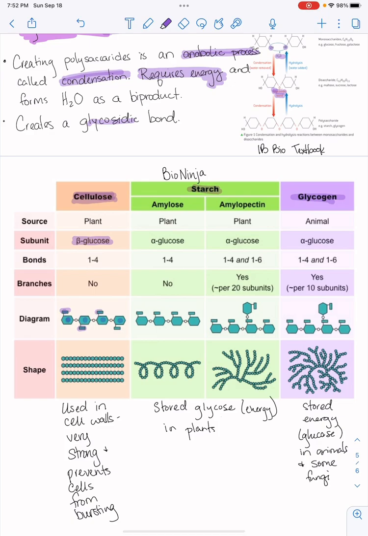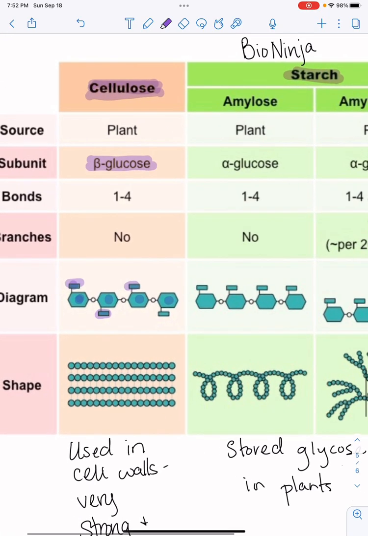So what happens is when you have these alternating groups, they eventually create these hydrogen bonds, okay?